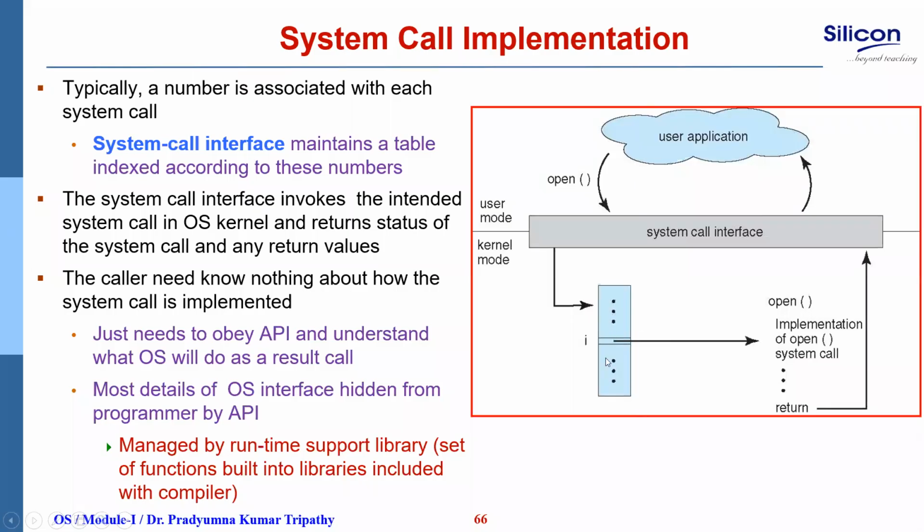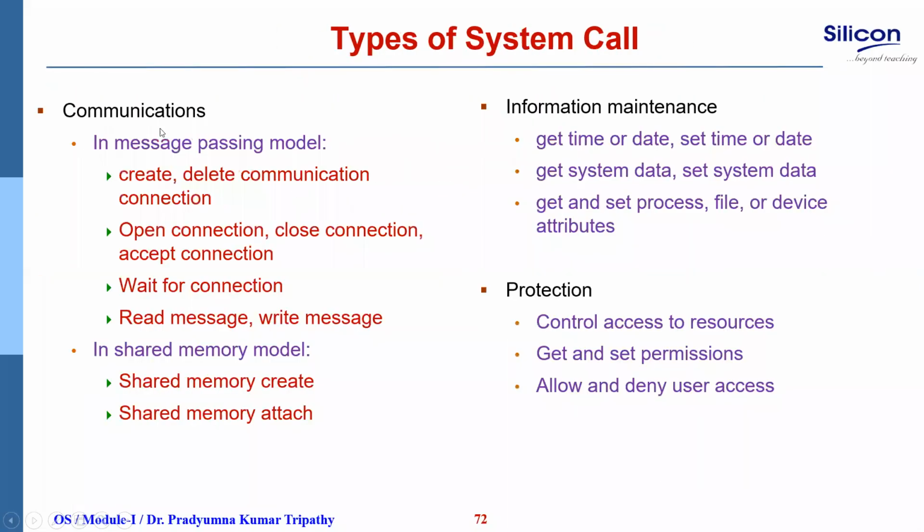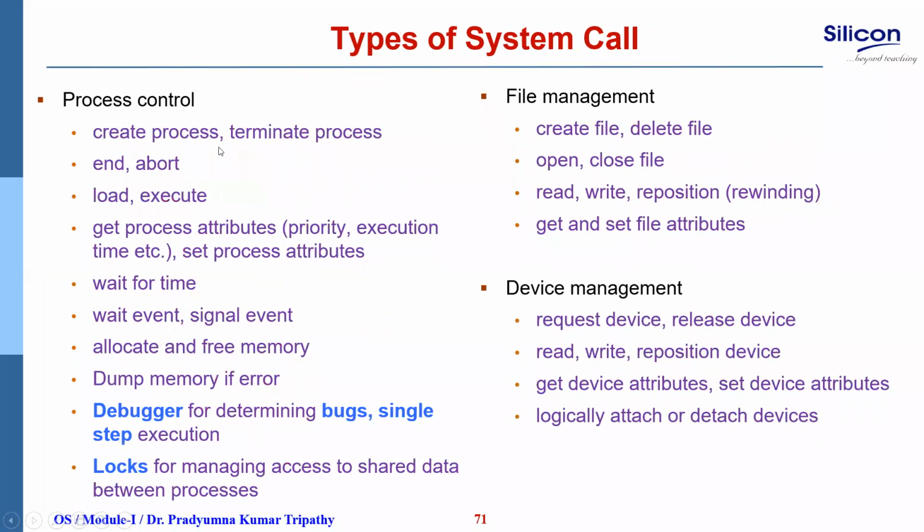So we have a number of system calls for different purposes, and those are listed over here. For process management: create process, terminate process, end, abort, load, execute, wait for event, wait for time. These are the system calls for process management. For file management: create file, delete file, open or close file, read, write, reposition, get and set file attributes.